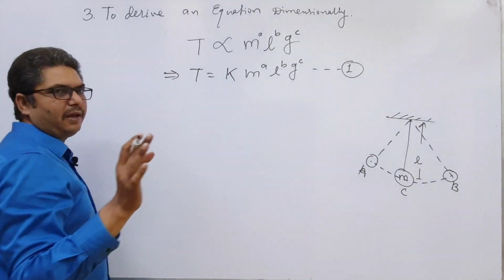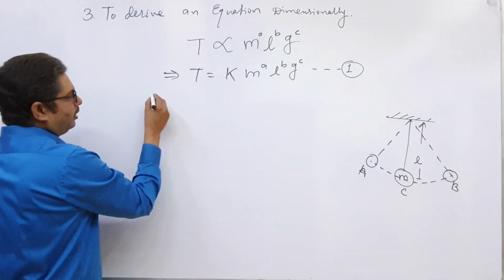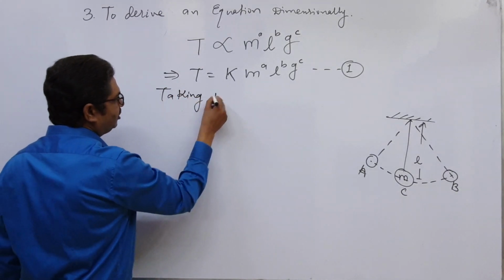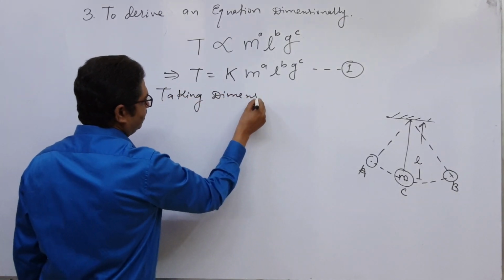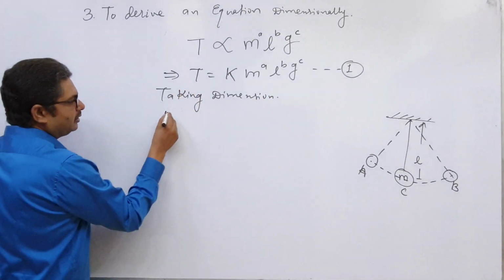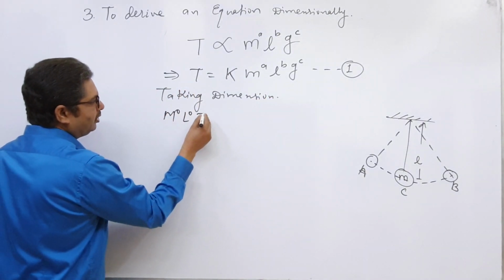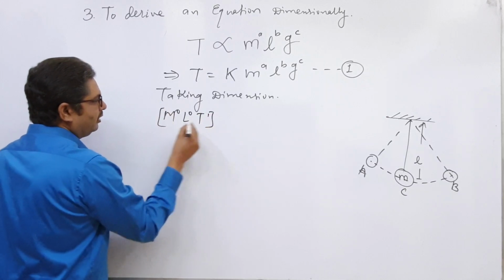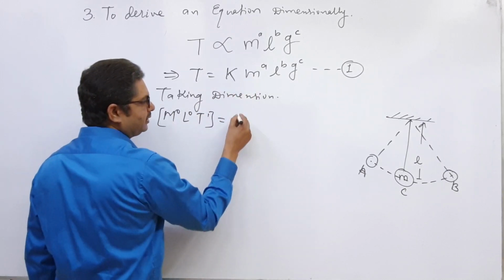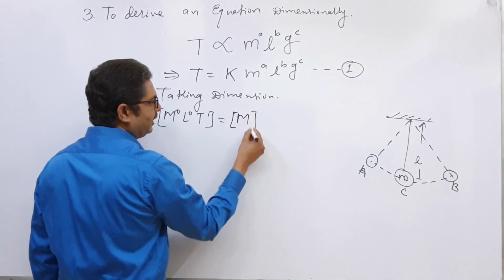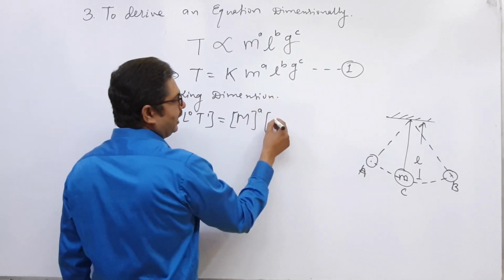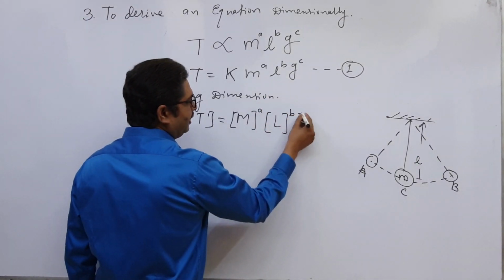After that, write the dimension of each term. Taking dimension. Dimension of T is M⁰ L⁰ T¹. And here K is dimensionless. Dimension of mass is capital M, the power is a. And dimension of length is L, power is b.